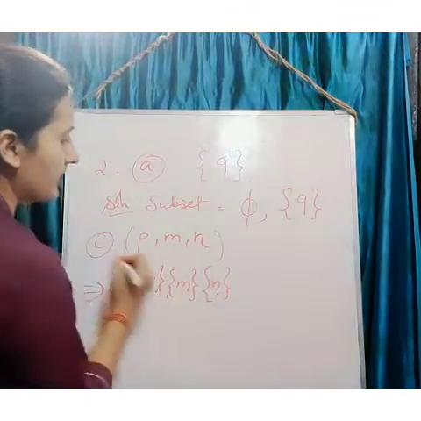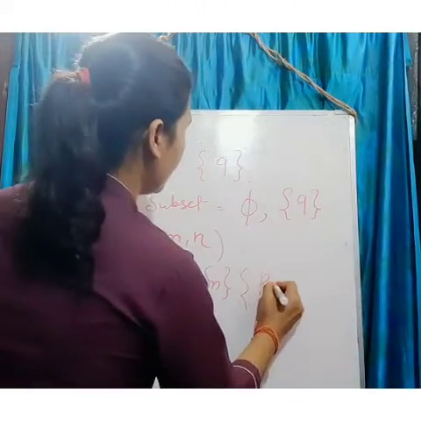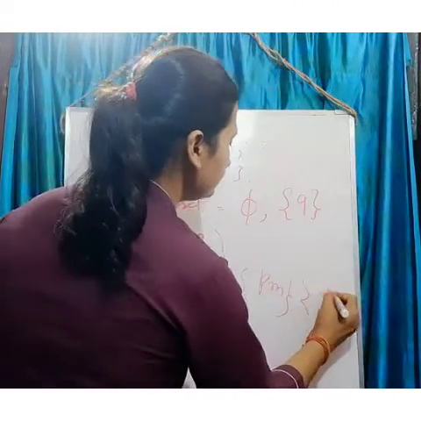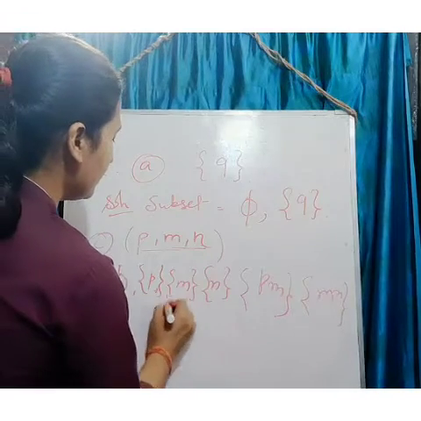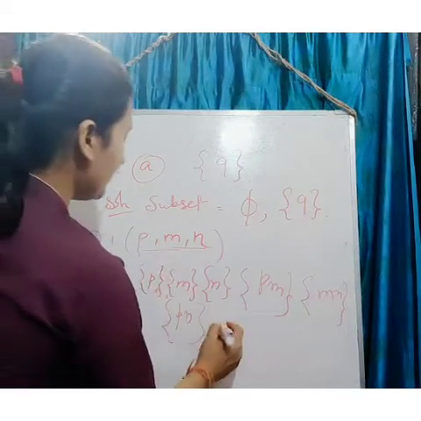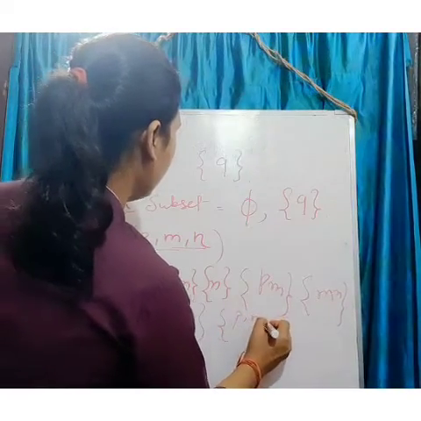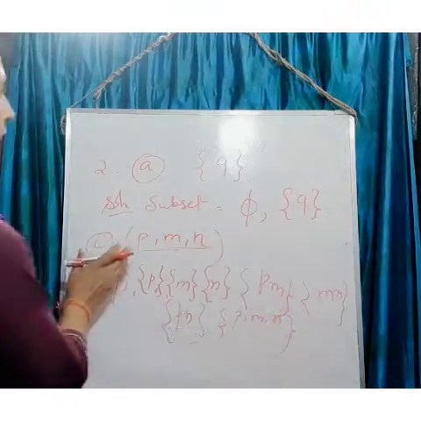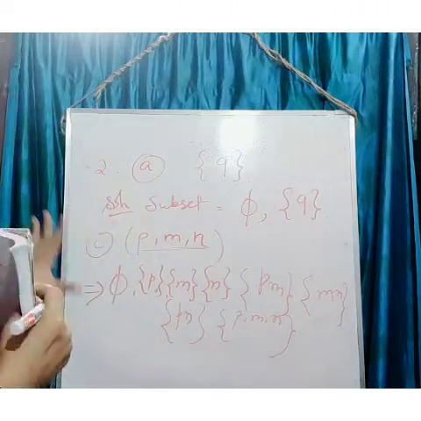N can be a subset. Then these two, PM. These two, MN. And these two, PN. Or all these three, P, M, N. So, these are the possible subsets of this. I hope that this is clear to you.